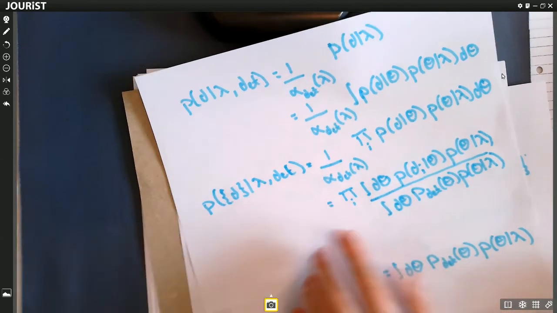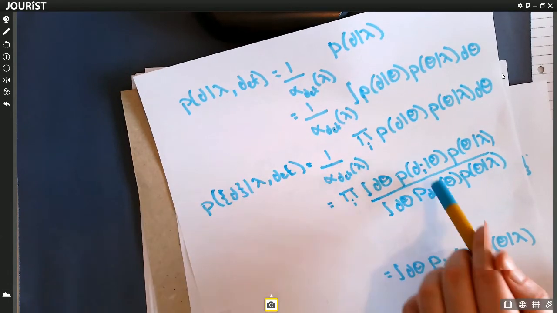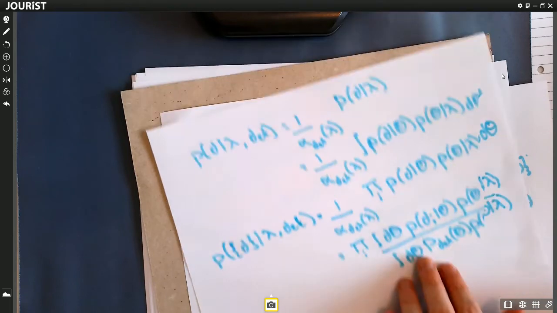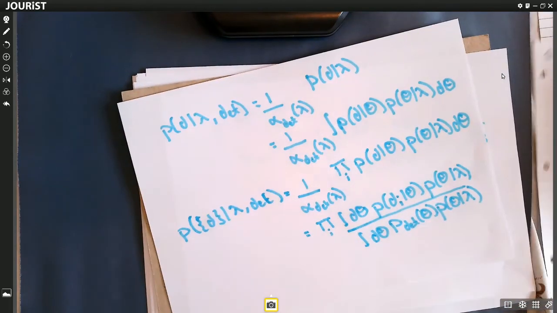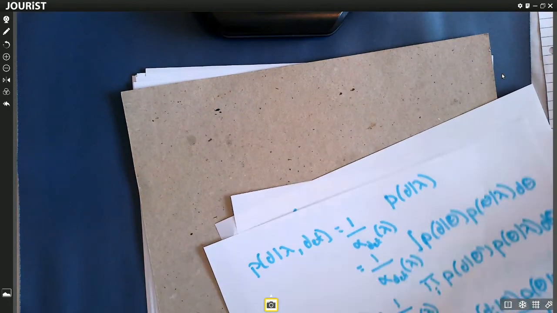So this reweighted posterior taking into account selection effects is basically just multiplying in the detectability of the signals. Okay, now how do we calculate this in practice?